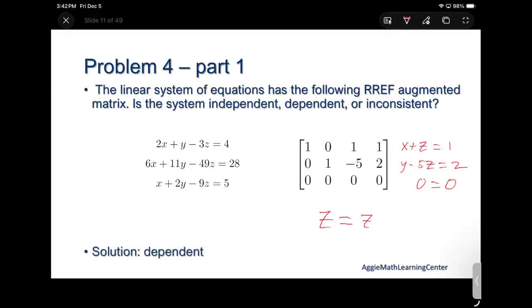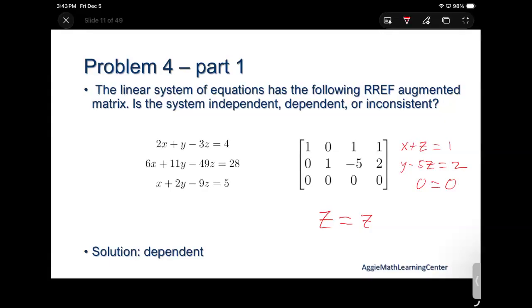So if on any of the quizzes or on this test you get one that says 0 equals 0 on the bottom, a whole row of zeros, then it is a dependent one because you're going to have to solve it in terms of another variable. This would happen kind of like if you had two lines on top of each other, then there's going to be an infinite amount of solutions.